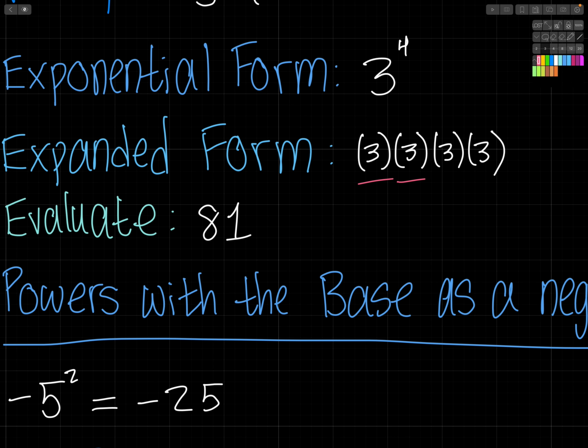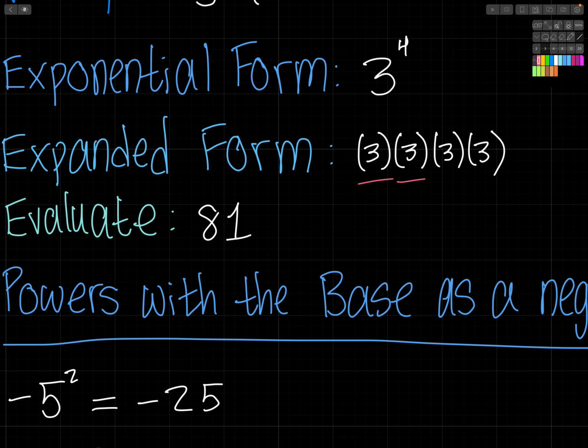But here, we see that the negative is in the brackets. When the negative is in the brackets, it means it's directly affecting the base. Here there are no brackets, so the negative is sort of separate, but here it's in the brackets, so it's directly affecting the 5.